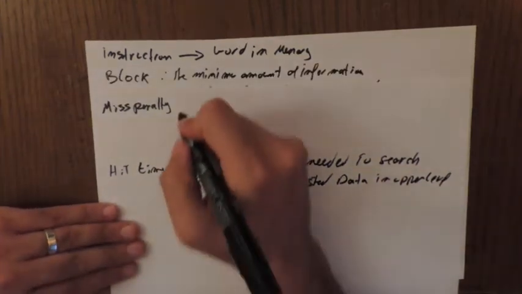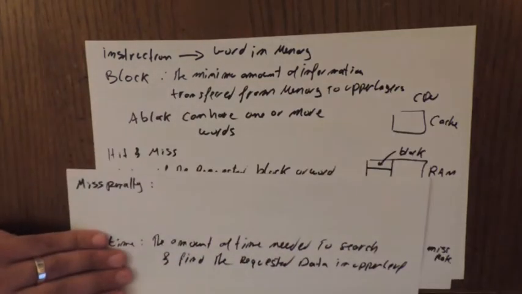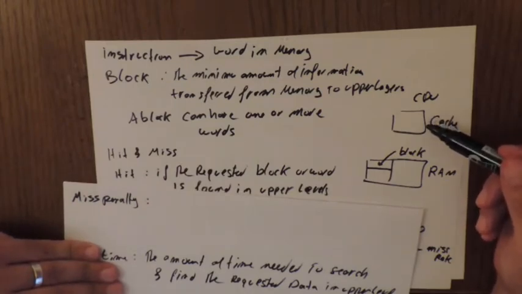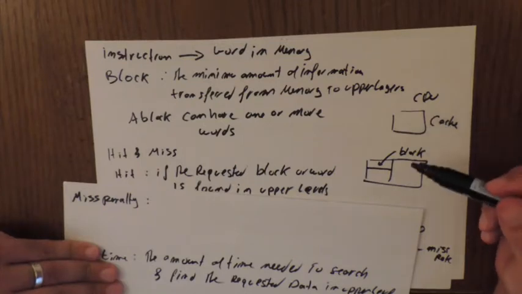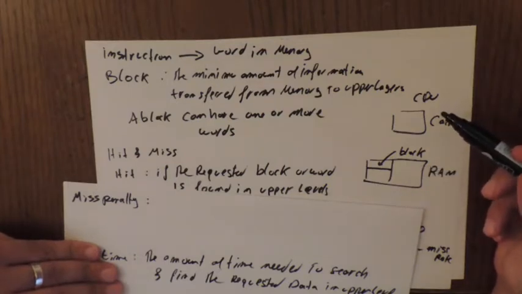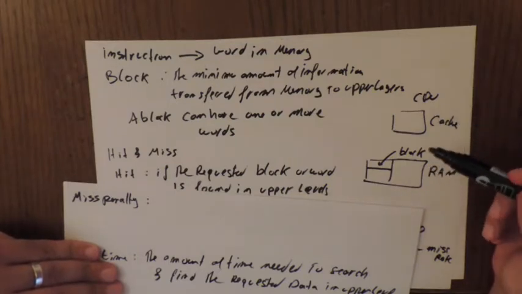Now, miss penalty is the amount of time it takes to search for the requested data plus the time it takes to get the data from the lower level to the upper level. So let me rephrase that again.